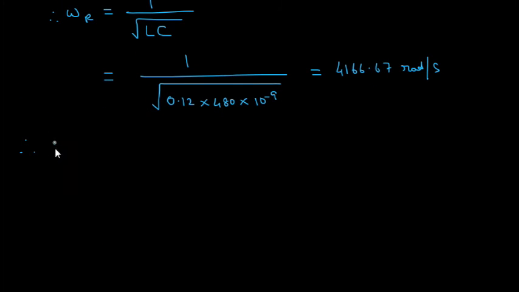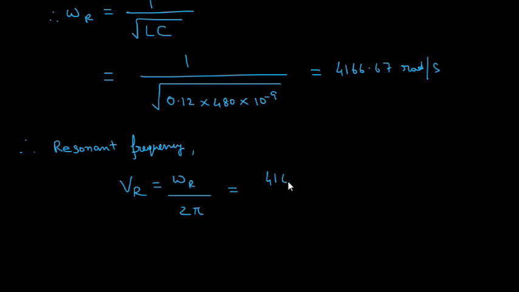Therefore, resonant frequency nu r is equal to omega r upon 2 pi, which is 4166.67 upon 2 into 3.14.